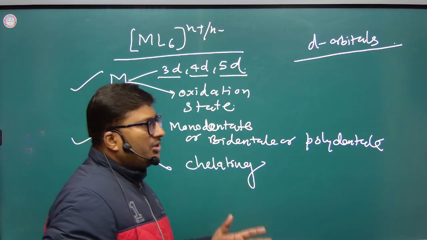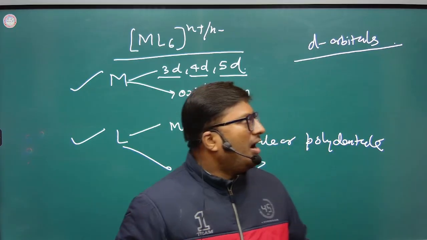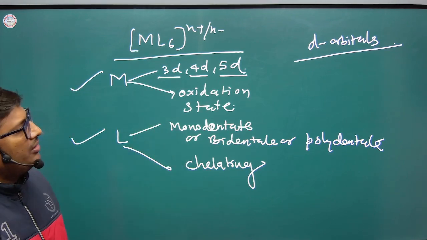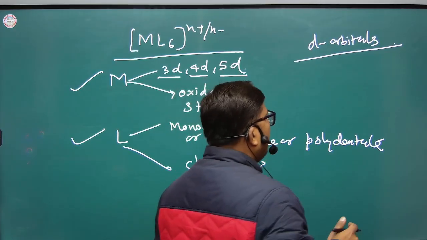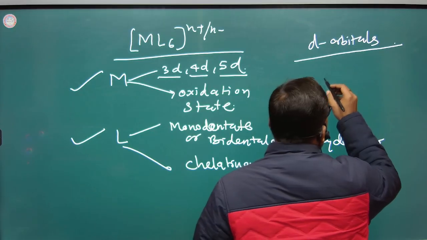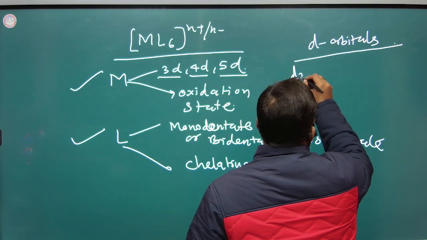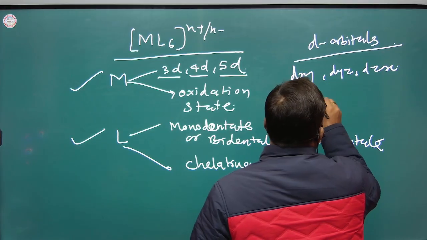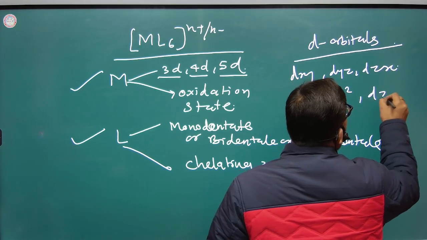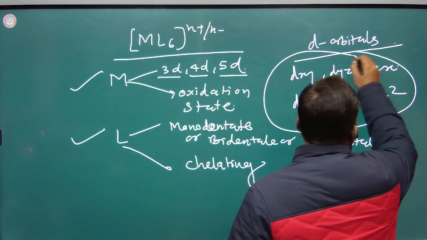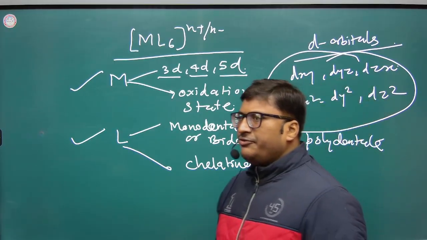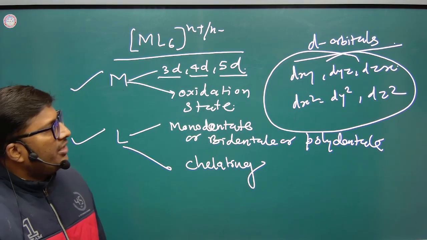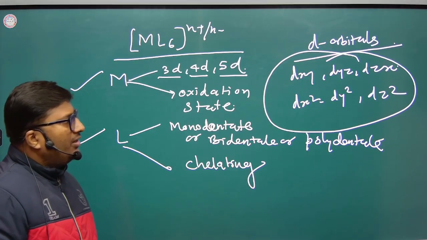And because of the diffusion and extension of the orbitals, they can overlap the orbital of the ligand to form a dative bond. These d orbitals are classified as dxy, dyz, dzx, dx square minus y square and dz square. There are 5 d orbitals which have different spatial arrangements and orientations, so they can occupy the orbitals of ligands.